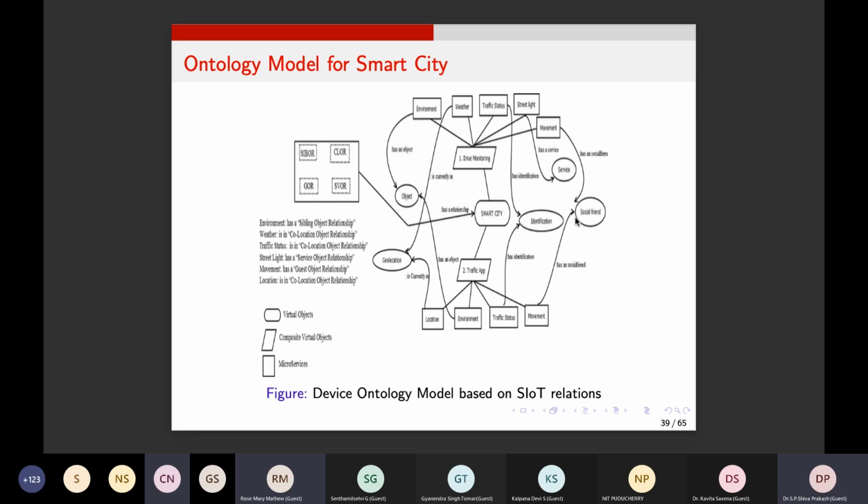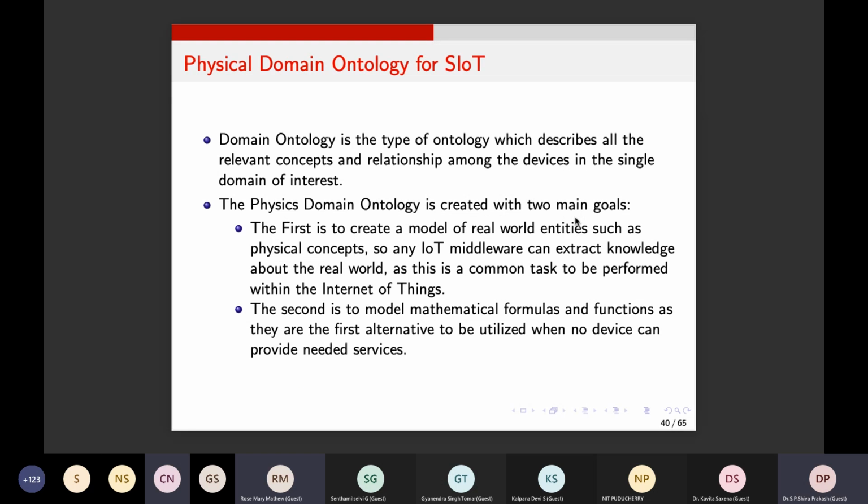Okay, right? Then the second type is the physical domain ontology. Basically this domain ontology is a type of ontology which describes all the relevant concepts and the relationship among the devices in a single domain of interest. When we say single domain of interest, it means the set of devices involved in this. So this is created with two main goals.